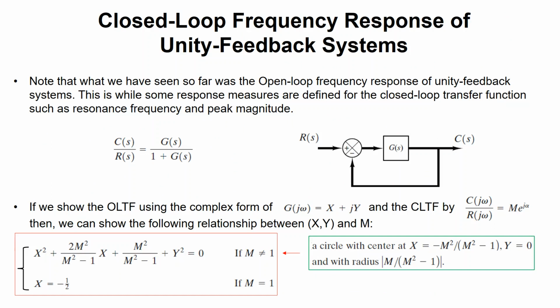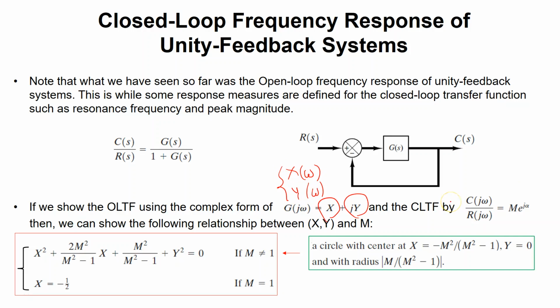We say, well, again, assuming that the system is unity feedback, the closed loop is G over 1 plus G, and now I assume that G, the open loop, is in general a complex number like x plus j times y, where x and y are both functions of omega.